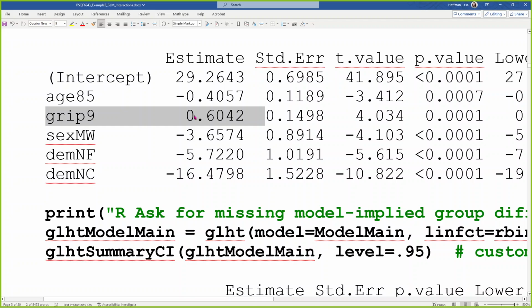So they're all unique. After controlling for everything else, this is what each brings to the table uniquely. But this is the age slope regardless of your gender, of your dementia group, of your grip strength. This is the grip slope regardless of your age, of your gender, of everything else. So that's what the marginal part means. So this is an additive model, not a multiplicative model. Main effects only.